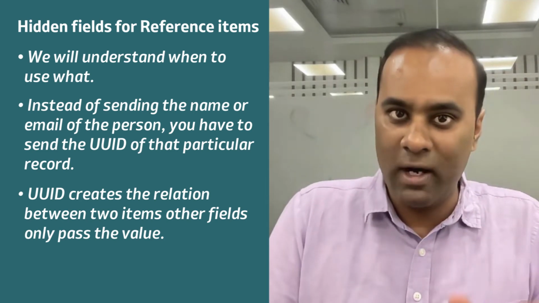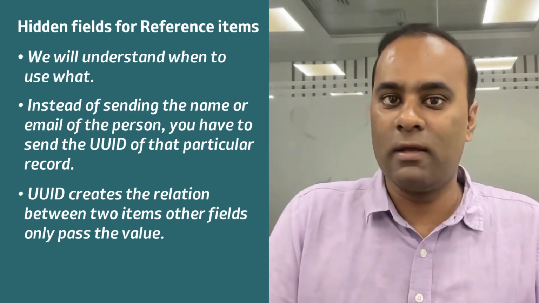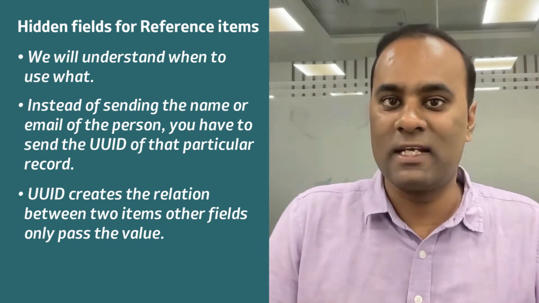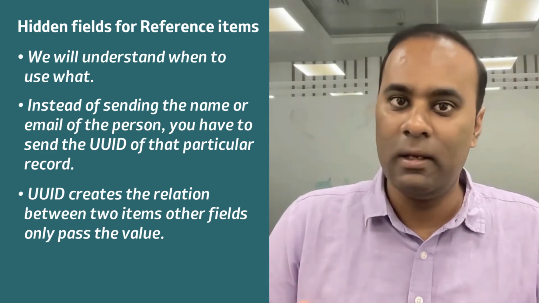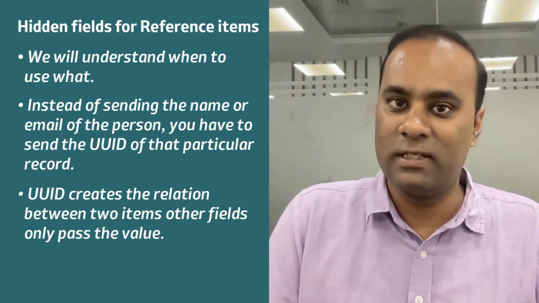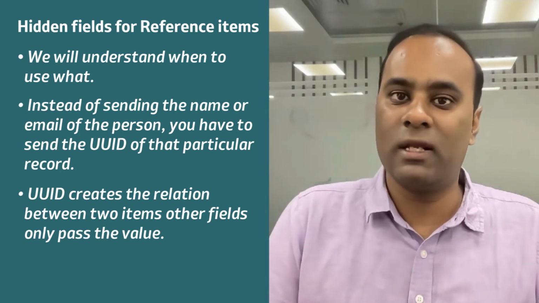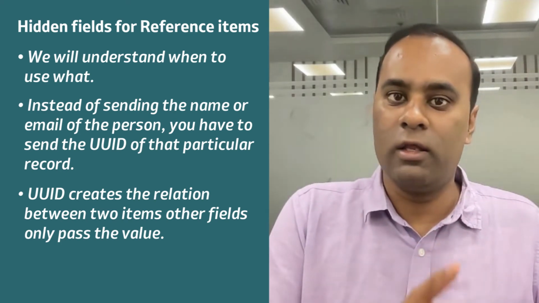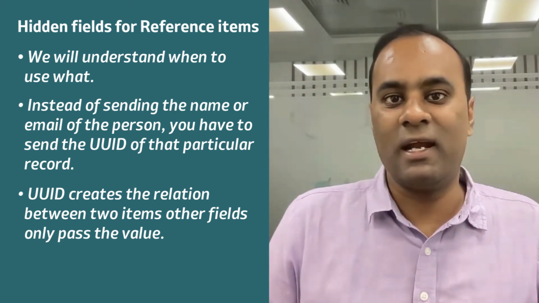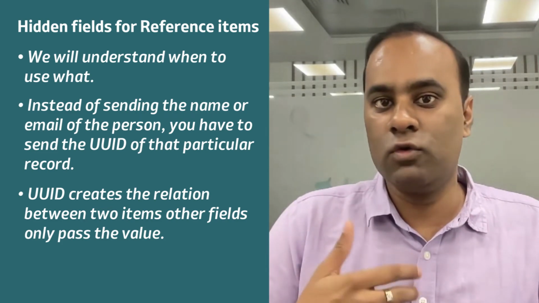Because UUID creates the relationship between two items, and other fields, the number fields, text field, or static option, dynamic option, all these only pass the value which is residing in that particular text field, only the value gets copied. So there is a difference when you have to pass a reference field or UUID, or when you have to pass a static or a dynamic value. So in this video, we will see when to use what.